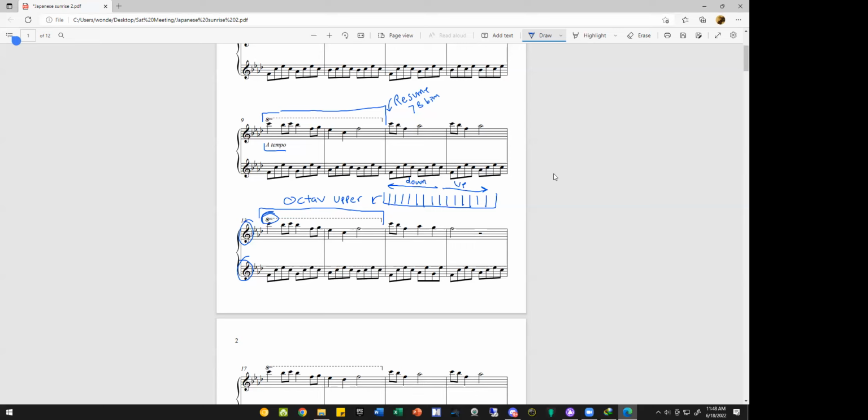It's a bit unclear, because if I had a keyboard, it would be much easier for me to show you what we had to do. But in order to keep the notation as simple as possible, I added the number 8 and VA. It means octave upper.